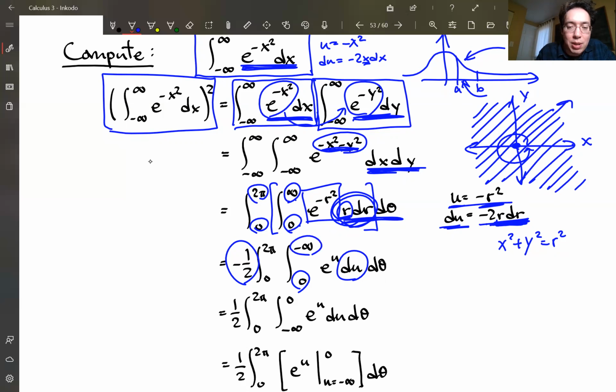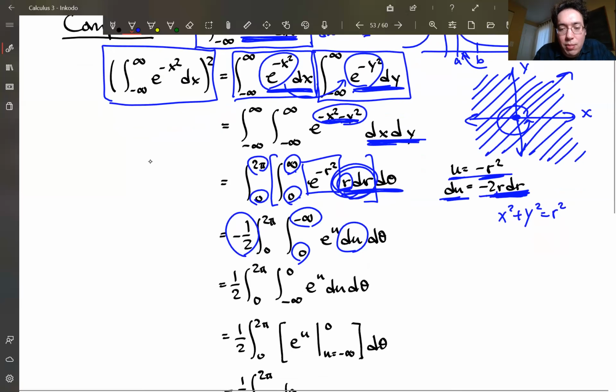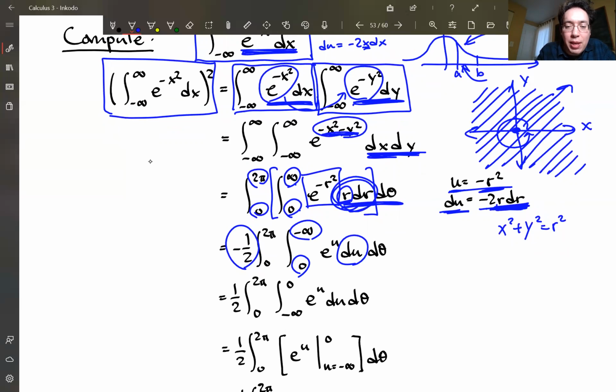So the upper limit is going to change to negative infinity. We have this weird thing where the upper limit is smaller than the lower limit, so we're going to flip it. We're going to bring the negative infinity below here and 0 up here. And whenever you switch the limits, you can make up for it by putting a negative sign in front, or if there already is a negative sign, we can just take it away to make it a positive 1/2 in front.